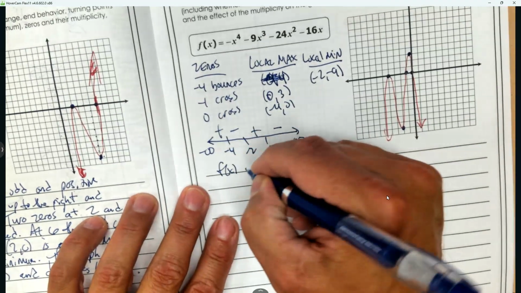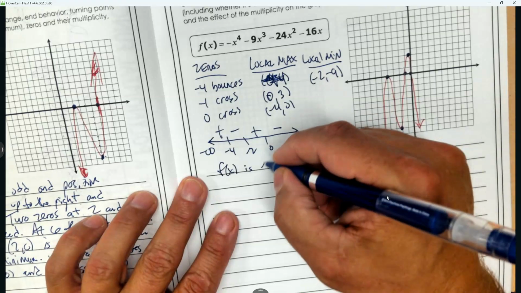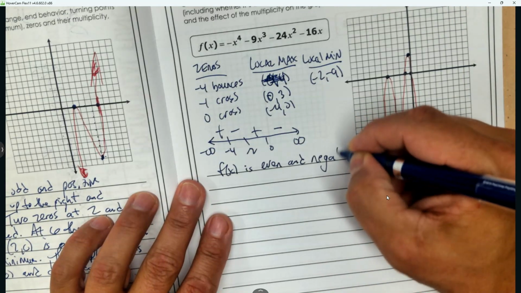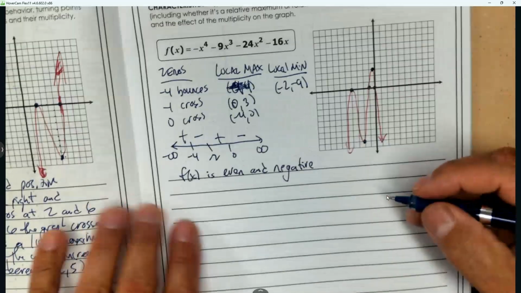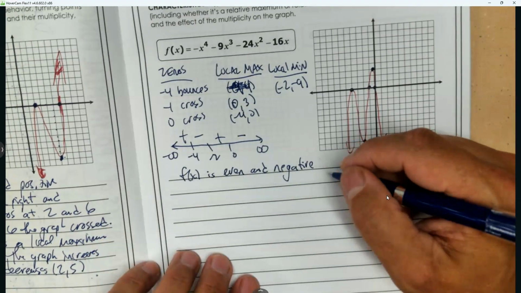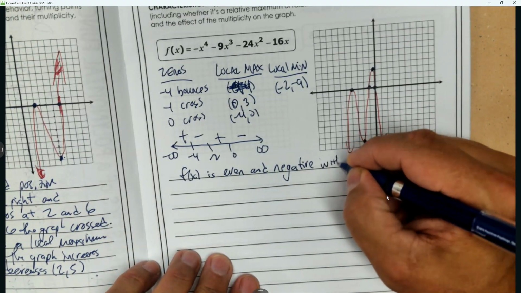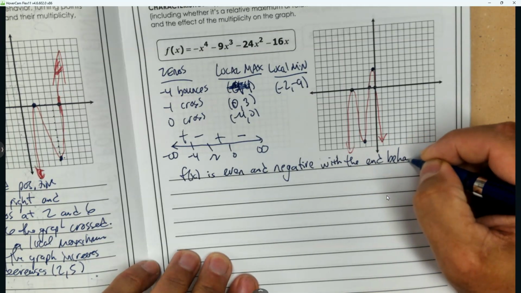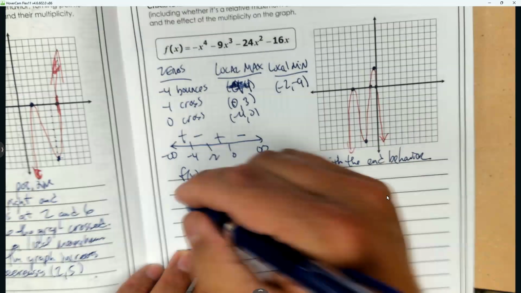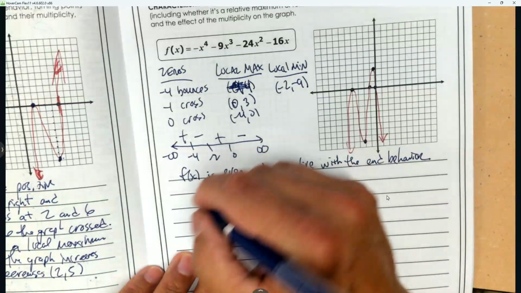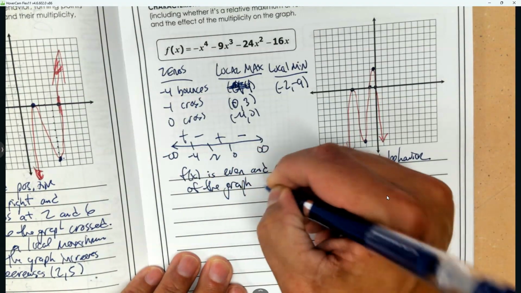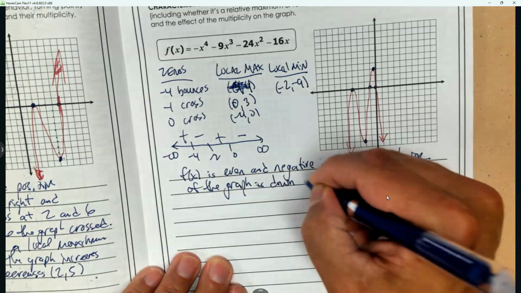So f of x is even and negative, with the end behavior of the graph being down on both ends.